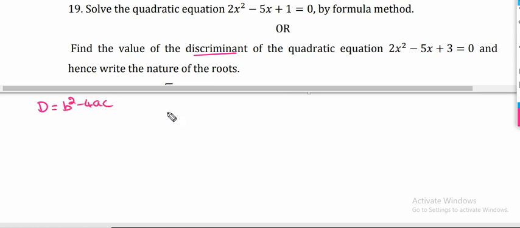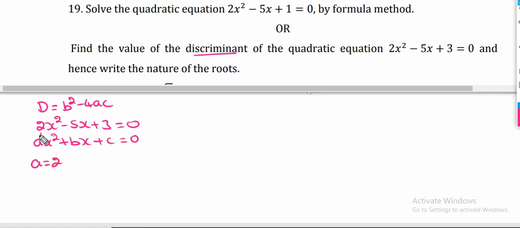For finding the value of this one, we have to compare this equation again with the standard form of the quadratic equation or general form. General form is ax square plus bx plus c is equal to 0. Here the value of a is equal to 2. Here the value of b is equal to minus 5, and value of c is equal to 3.